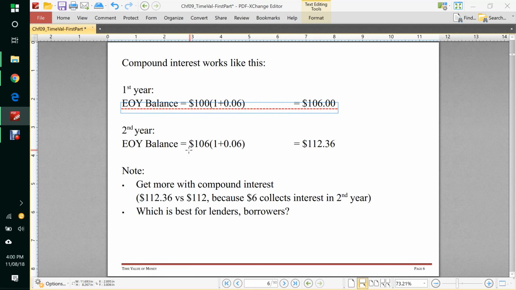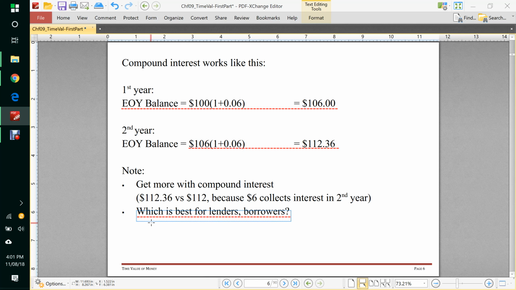But now for the second year, that whole $106 is accruing interest. So we have to take the 106 that we started the beginning of the year with and multiply that by 1 plus 6%. That's going to give us a little bit more than $112, $112.36 to be specific.